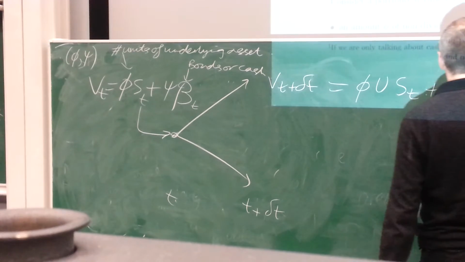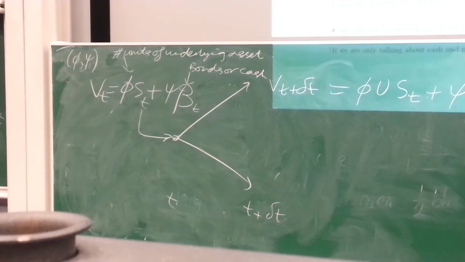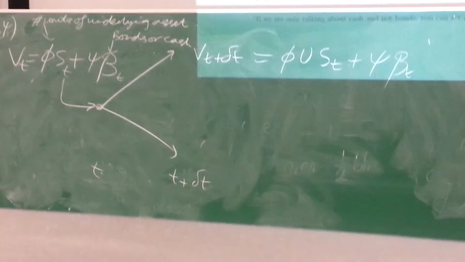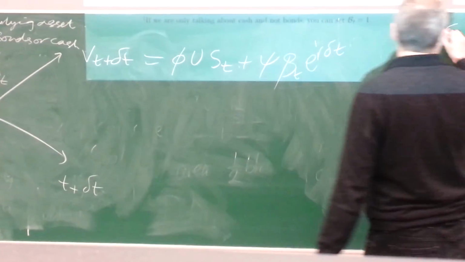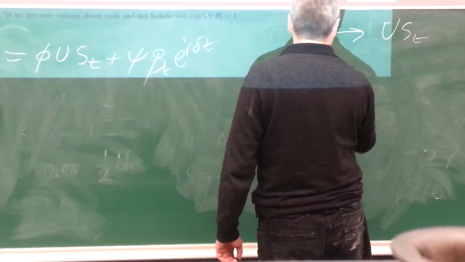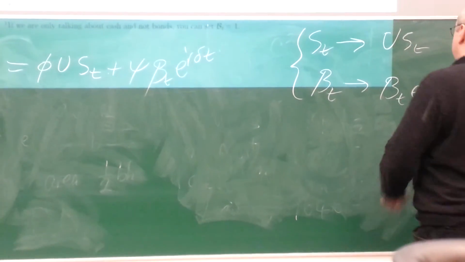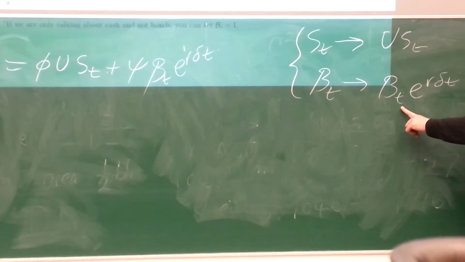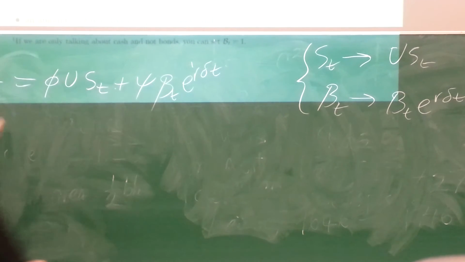I've got psi units of those bonds, whatever their face value is, and bonds increase like cash, like e to the r delta t. So S_t goes to uS_t, and the bonds go to bonds times e to the r delta t. That's just the risk-free rate at which they're growing with interest. So that's if I go to the up state.